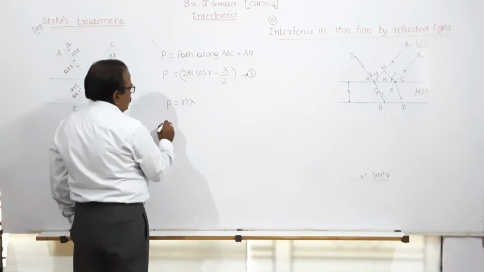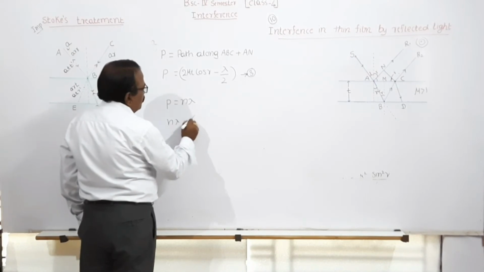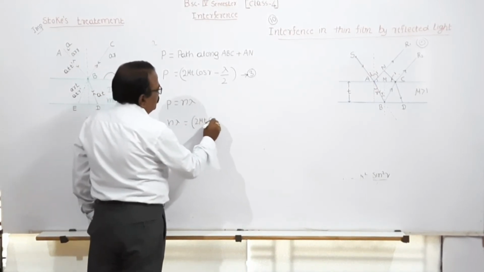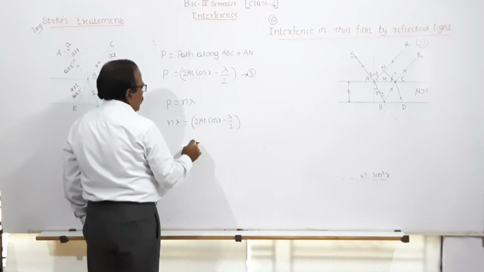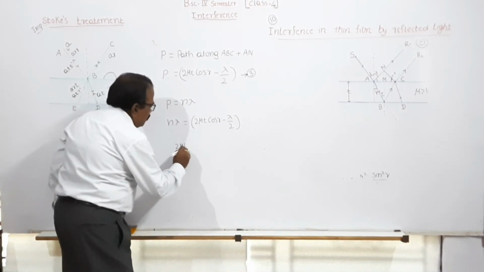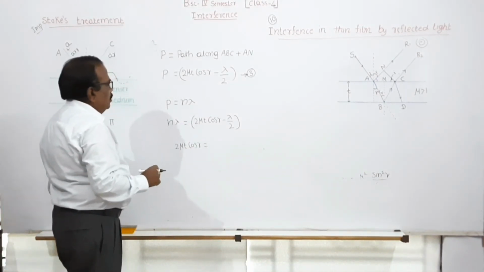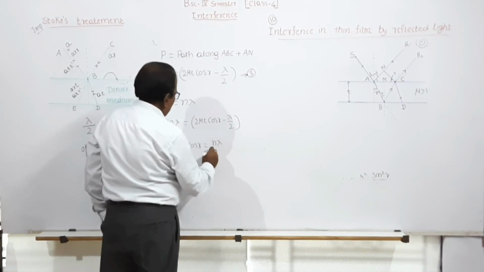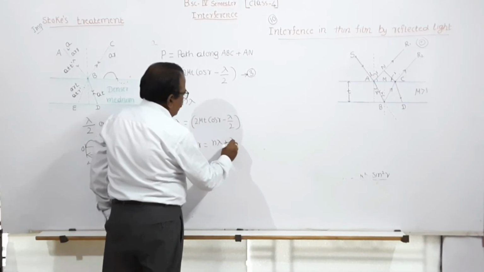Therefore, this equation is n lambda is equal to 2 mu T cos R minus lambda by 2. Then 2 mu T cos R is equal to n lambda plus lambda by 2.